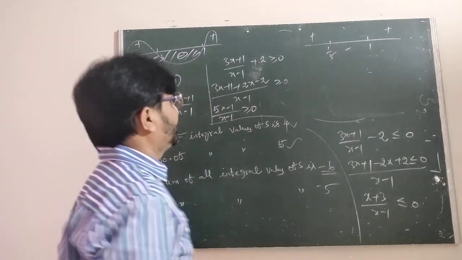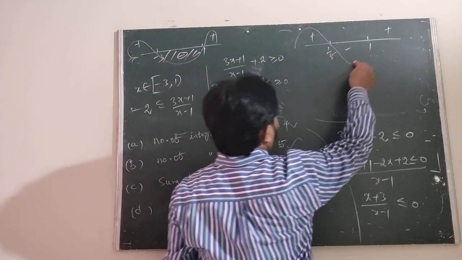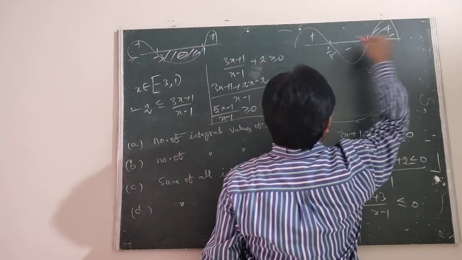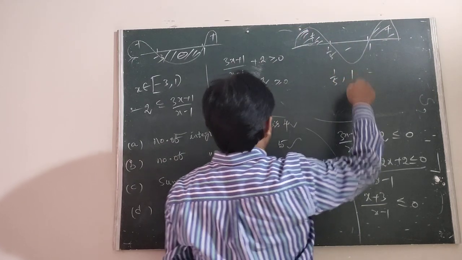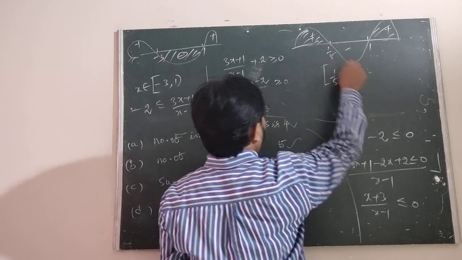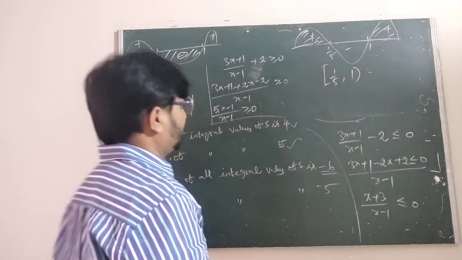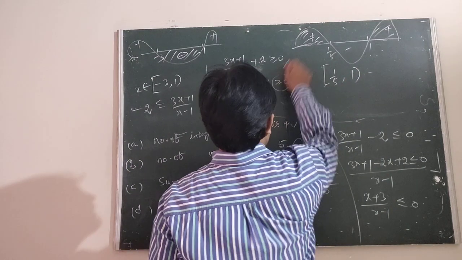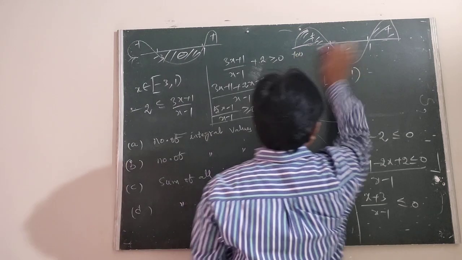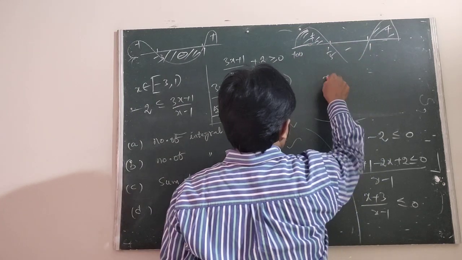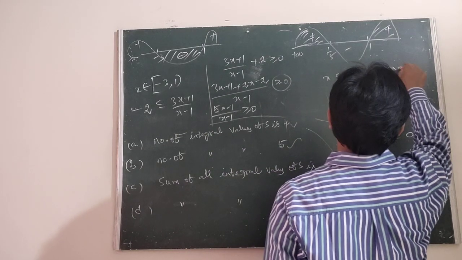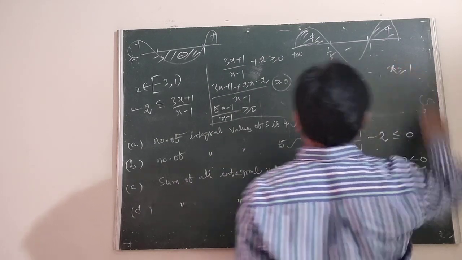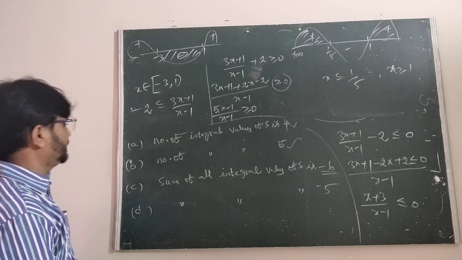Now this can be written as 1 by 5 to 1, greater than or equal to 0. Now this can be written as x less than or equal to 1 by 5 and x greater than or equal to 1. The required answer is here.